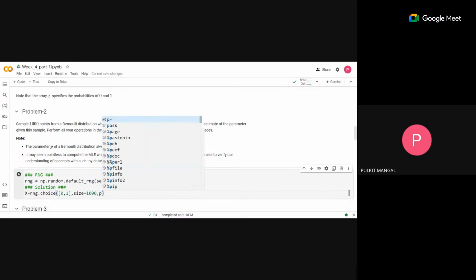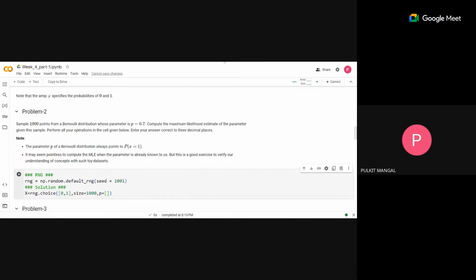The next argument was the probability. So what should I enter in the probability? 0.3, 0.7. Yes, because the probability was 0.7 for the head, and by indexing it will go that way.